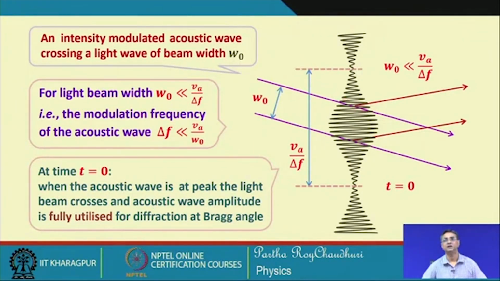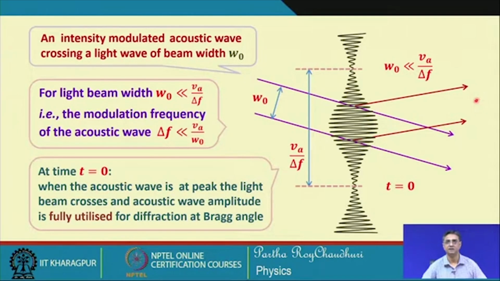You can see that this is the maximum amplitude, which is fully utilized by the optical beam, and therefore it is well Bragg diffracted. So, this Bragg diffraction is complete here, because the optical beam is completely enclosed by the maximum acoustic wave amplitude. So, you get the maximum complete Bragg diffraction.